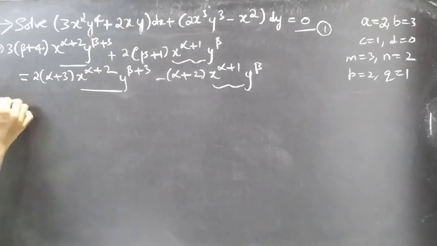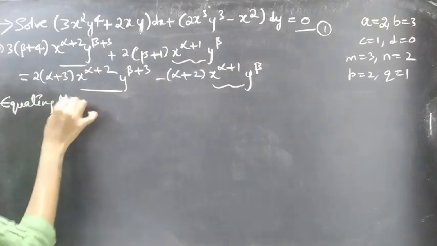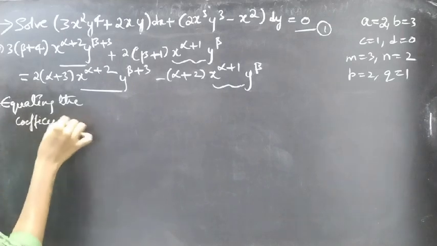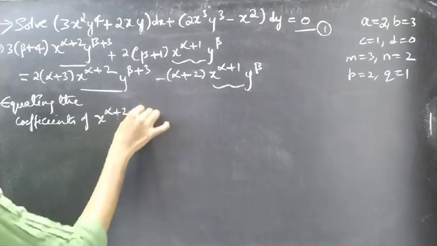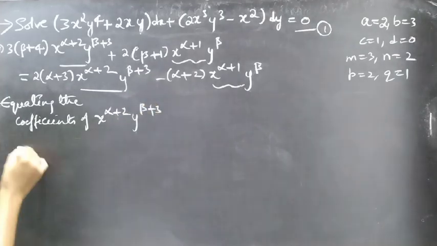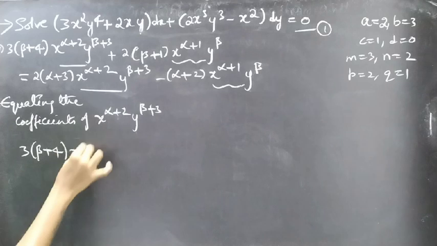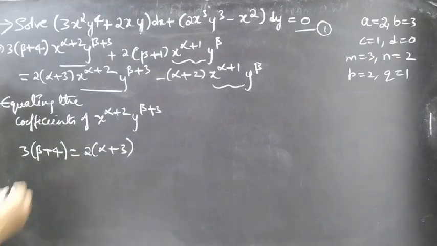So let's equate them. Equating the coefficient of x^(α+2) y^(β+3) gives 3 times (β+4) equal to 2 times (α+3), right?